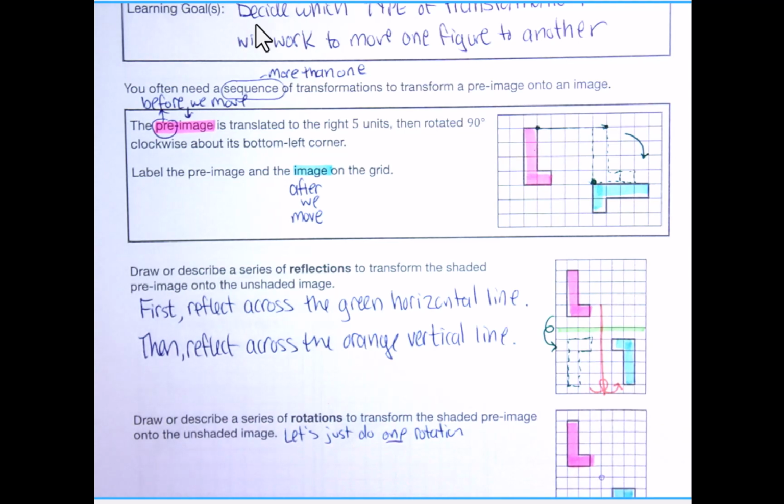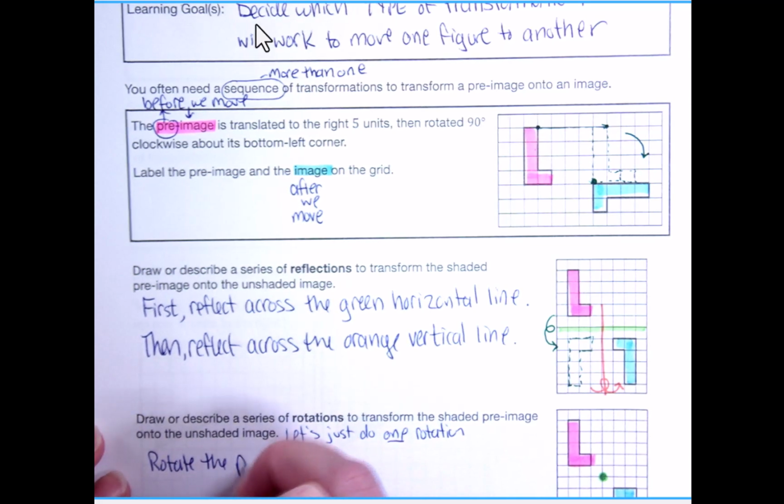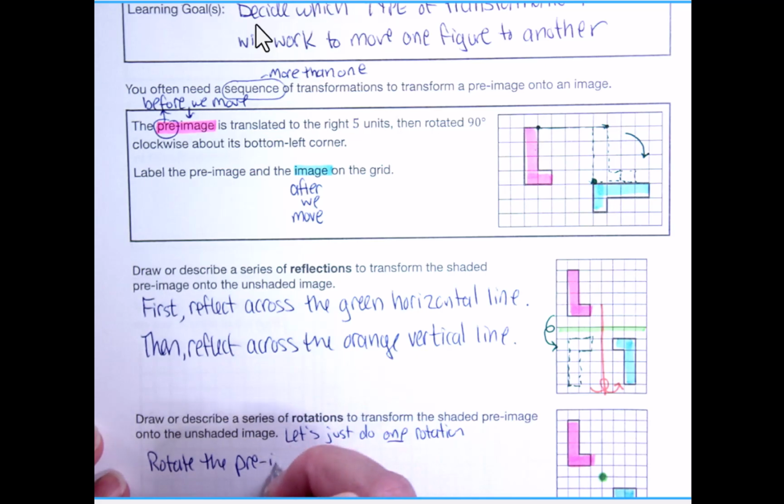So I'm going to make just a green point here. If I was on a coordinate plane, it'd be easier to identify that, but I'm going to mark it green so I can refer to it. And I'm going to say rotate the pre-image, that's the pink one. And for rotation, I have to say three things.